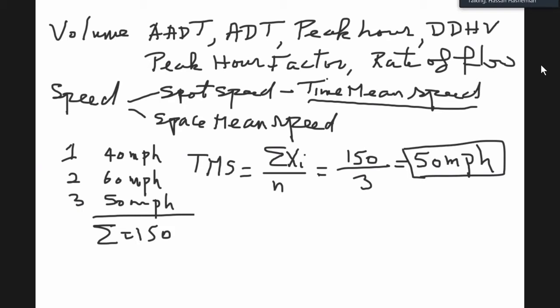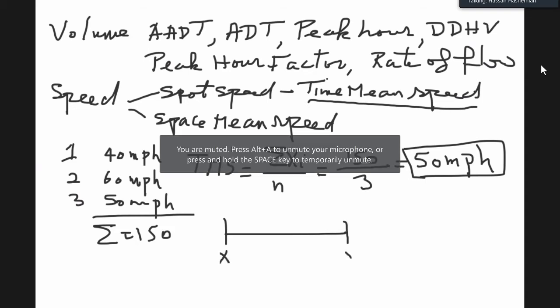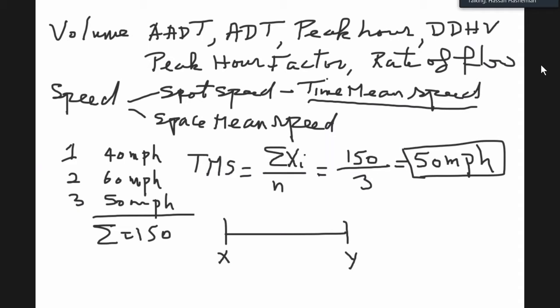The space mean speed means the speed over space. So let's say you have a distance from point X to point Y, let's say 1 mile. And then you have a bunch of cars going.